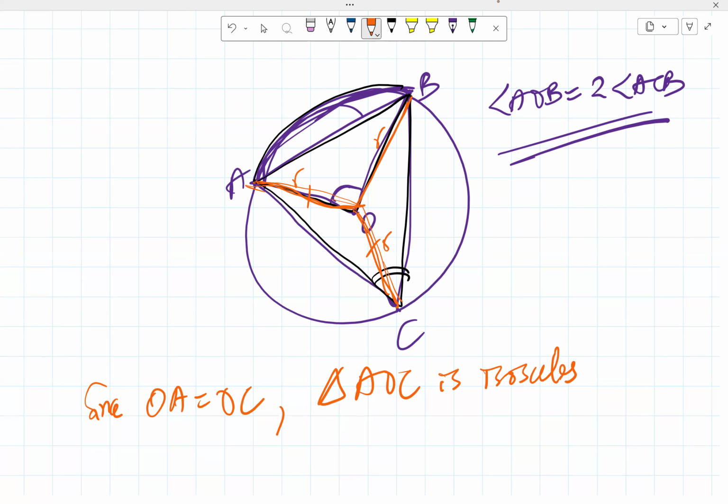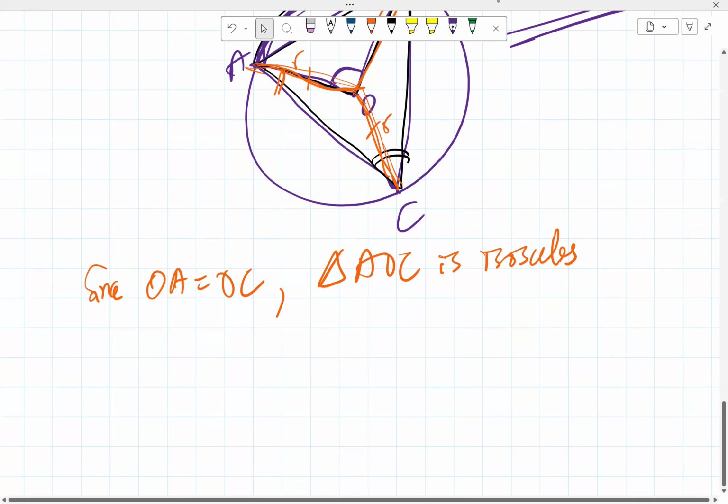This is OAC. Angle OAC will have to be equal to angle OCA, because this side and this side are the same, and we know that base angles of isosceles triangles are equal. So if you say this is equal to x, they are equal and they are both equal to x.